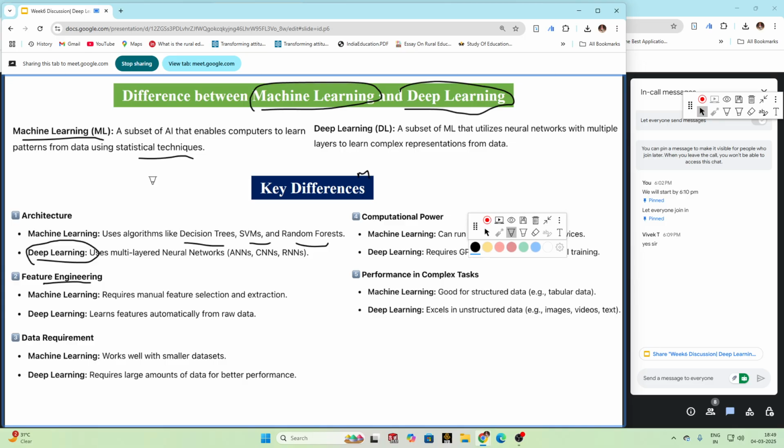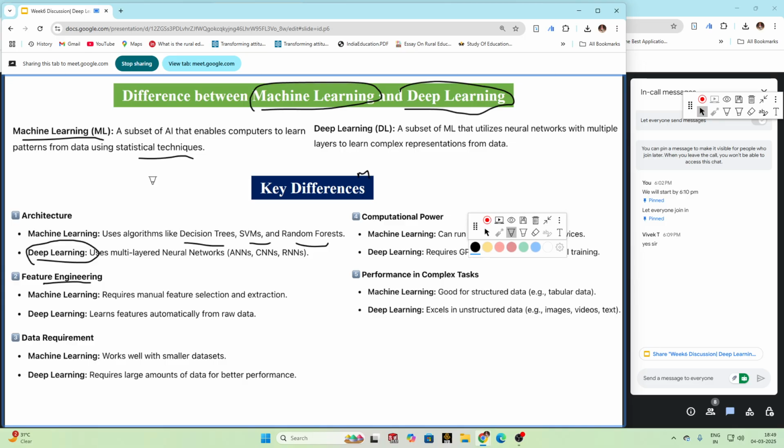If you are doing image data, deep learning can work because it learns the features automatically from the raw data, but your machine learning algorithm won't work. Why it won't work is as your image is in the form of an array containing pixel values from 0 to 255. So this is the feature, and you have to make the machine learning model understand that this is the feature.